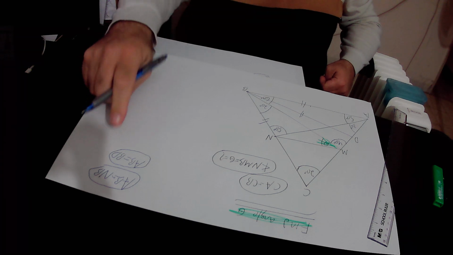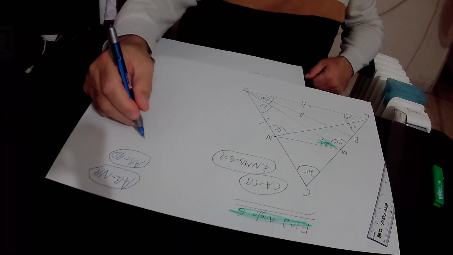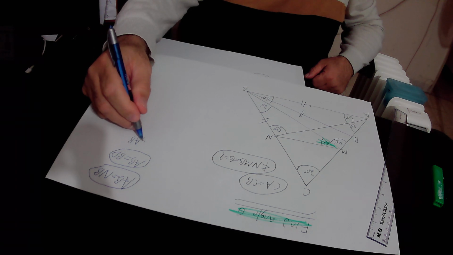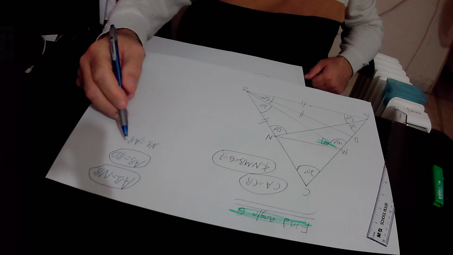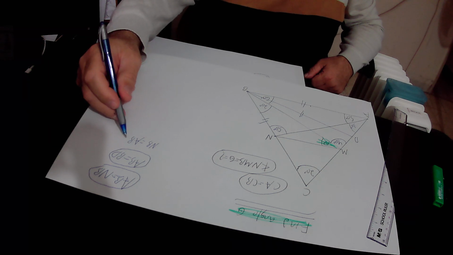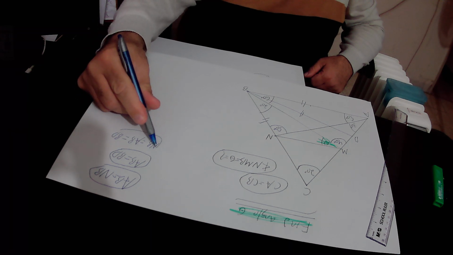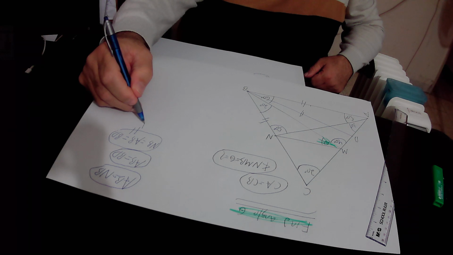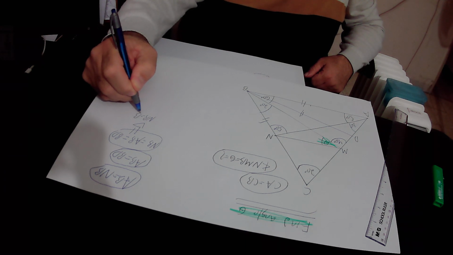So here we have two equations. For one side, AB equals MB. From the other side, AB also equals BD. So we can write here that AB equals BD, and from this equation we will derive that MB equals BD.